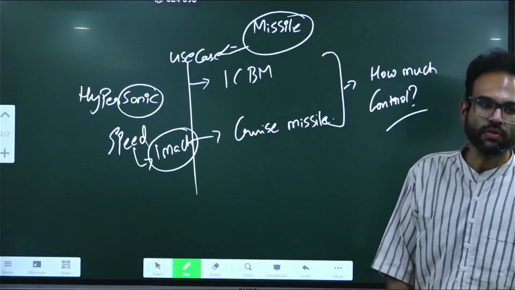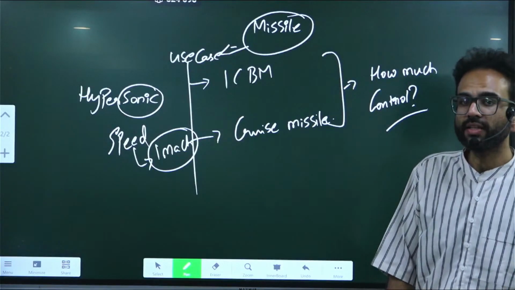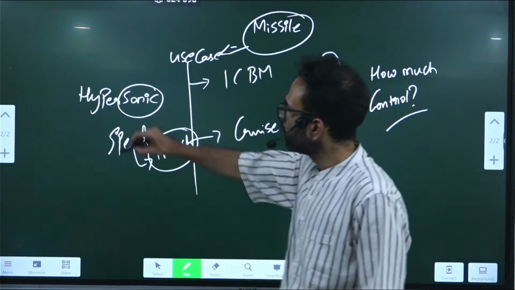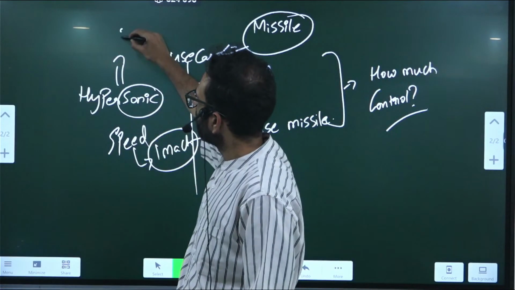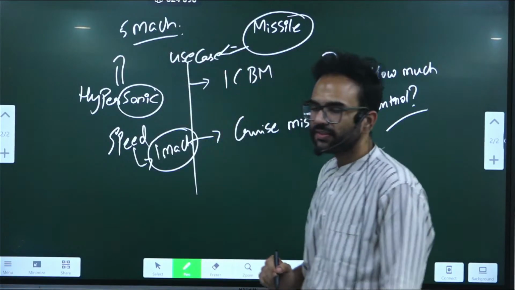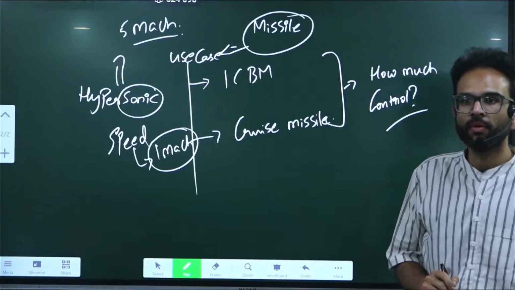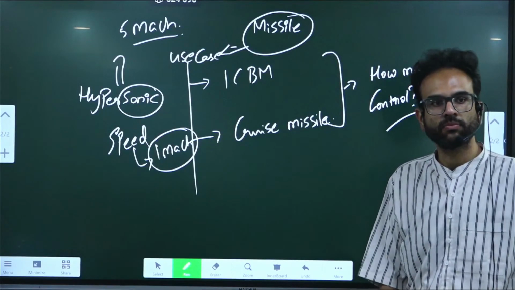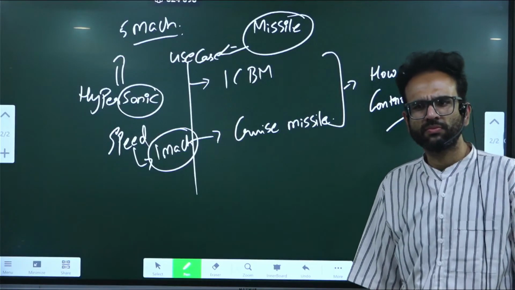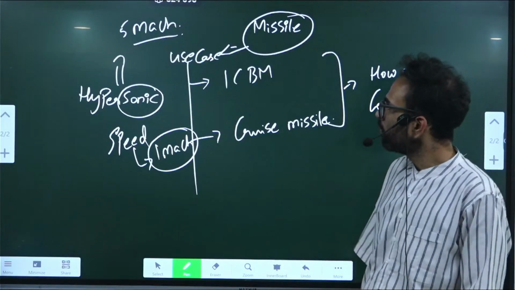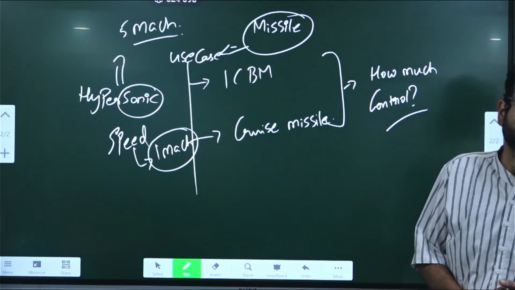More than the speed of sound, supersonic. Then what is hypersonic? More than 5 Mach. This is hypersonic speed. Above 5 Mach is a hypersonic missile.